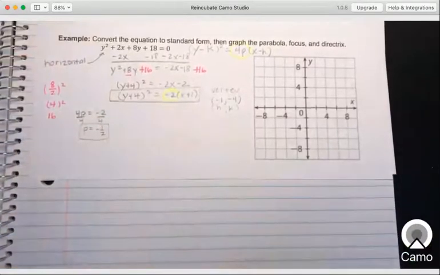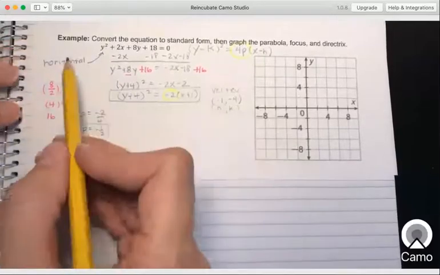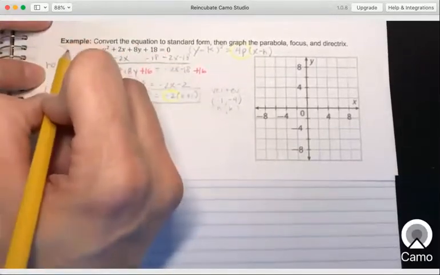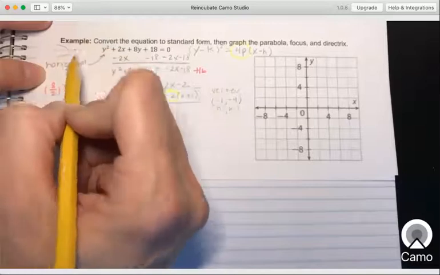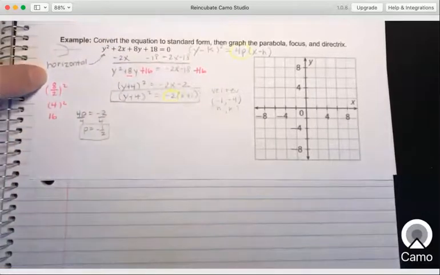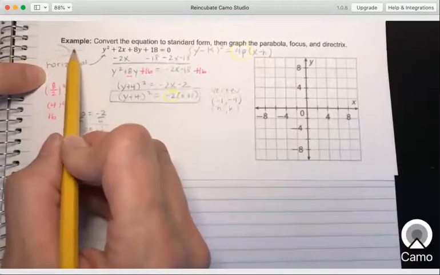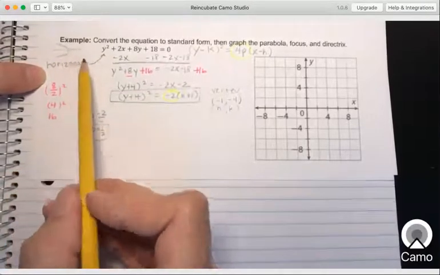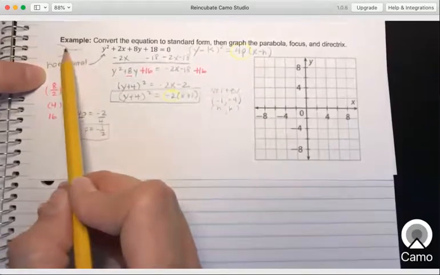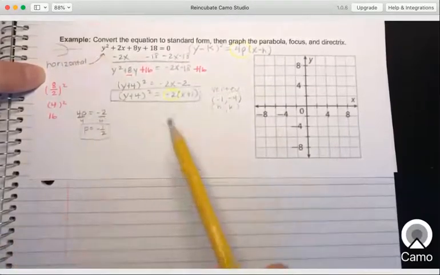And so once we have p, we can find our focus and our directrix. So our focus, we know that it's a horizontal parabola, so it's all stacked on that horizontal axis of symmetry. So you'll notice that that movement is controlled by the x coordinate. So which means we're going to be adding and subtracting p to our x coordinate.